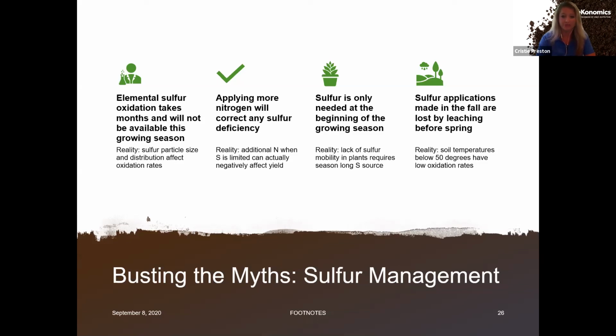If you focus on a fertilizer that's got, say, smaller particle size, or it's evenly distributed, it could oxidize quicker. Some elemental forms are going to take months, but at the same time, those products are really good for, say, decreasing your soil pH if your pHs are too high.